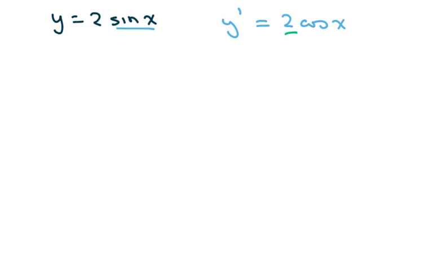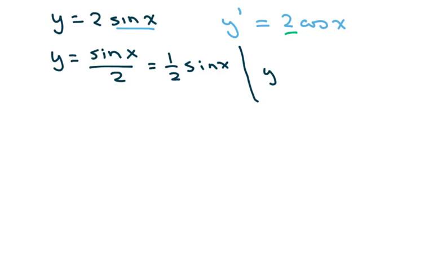Alright, and another one would be y equals sine of x over 2. I can write this as 1/2 sine of x. So the derivative would be 1/2 cosine of x, or cosine of x over 2. And let's do one more.